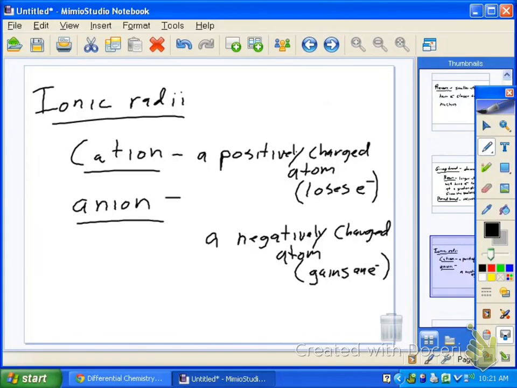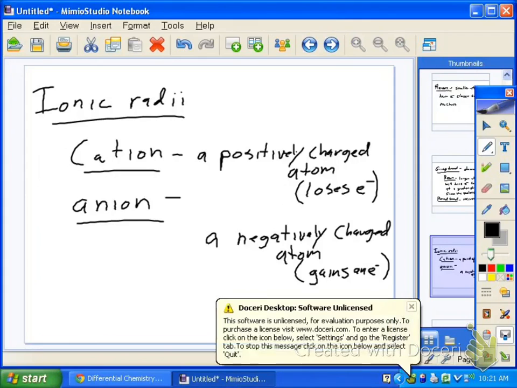And in parentheses, what I put down, the way it becomes a cation is if it loses electrons, kind of like our metals. An anion is an atom that gains electrons, and that's like our nonmetals. So nonmetals like to gain, cations like to lose. And they kind of pair up and will do that.